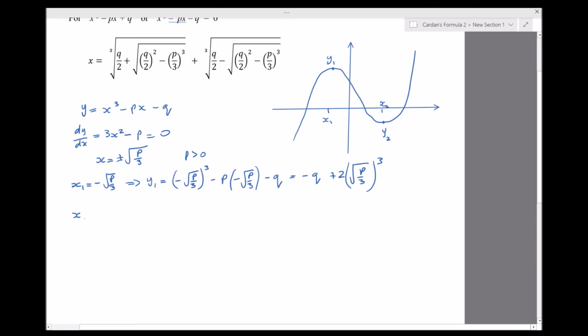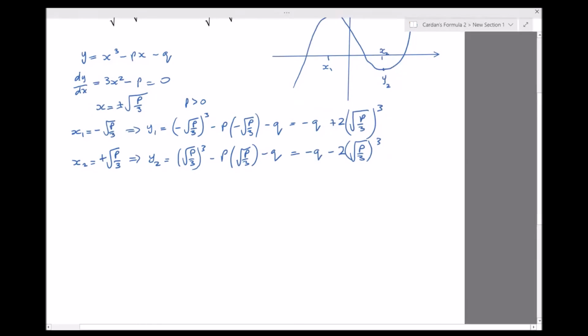Okay, x2 is plus p over 3 square rooted, which gives me that y2 is root p over 3 cubed minus p root p over 3 minus q, which equals minus q minus 2 root p over 3 cubed.